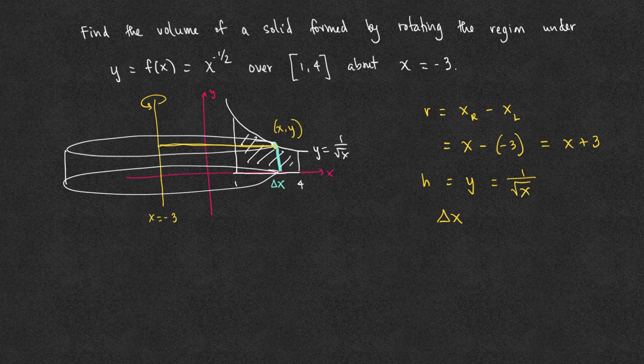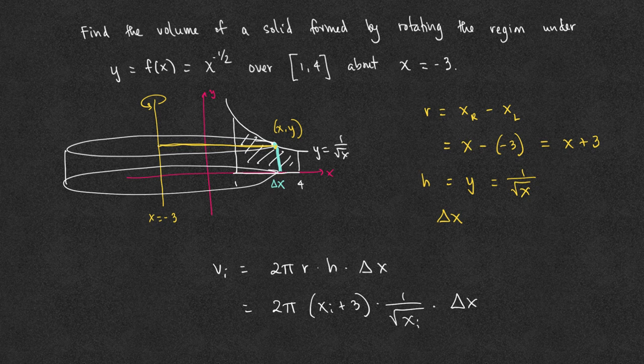The volume of a representative shell is always 2 pi r times the height times the thickness, but the thickness is delta x in this case. So this is 2 pi times (x_i plus 3), which is the radius of the shell, times the height, which is 1 over the square root of x_i, times the thickness delta x.